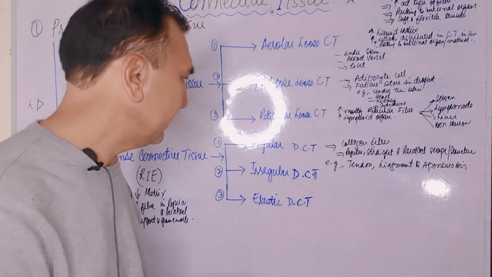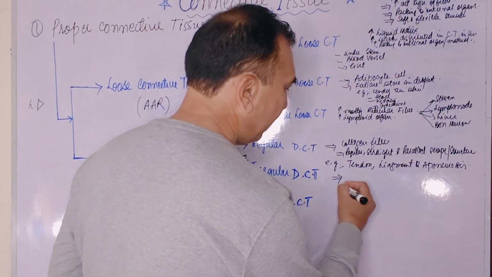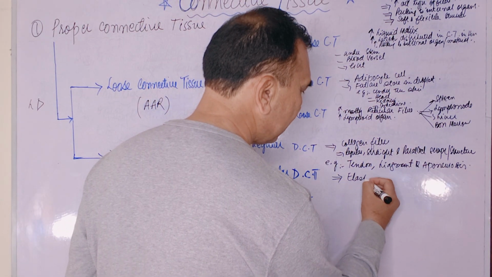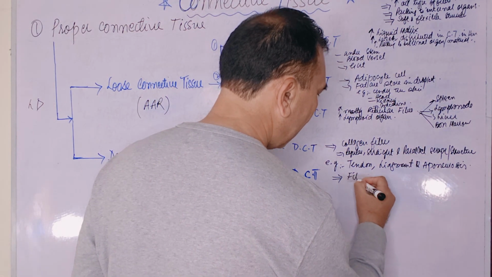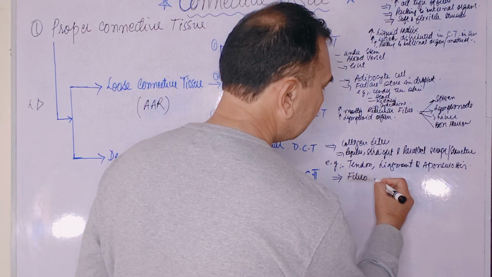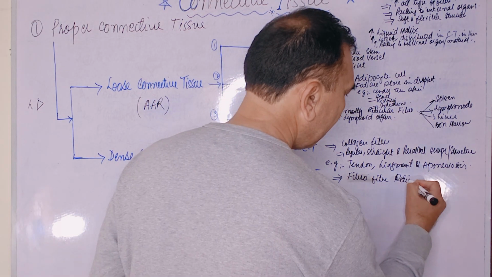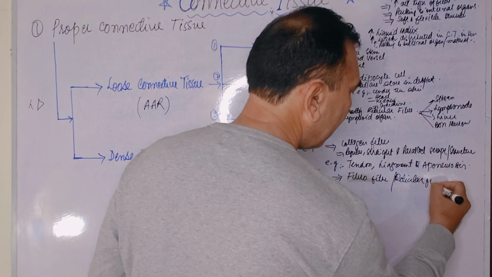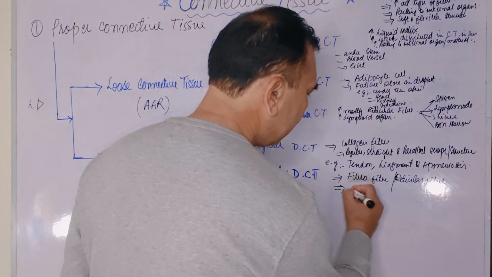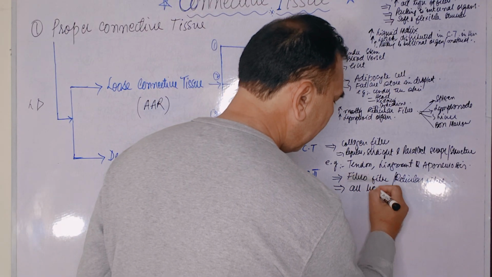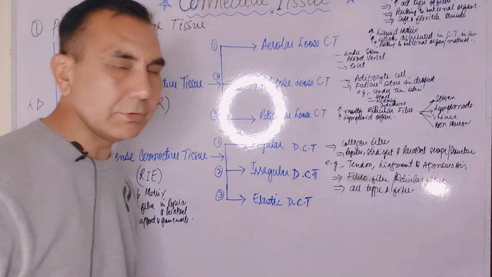The irregular dense connective tissue is made up mostly of elastic fibers, collagen fibers, and reticular fibers. So all three types of fibers are present in the irregular connective tissue.